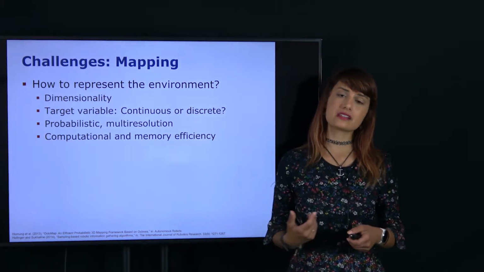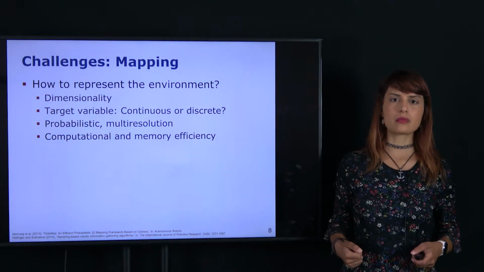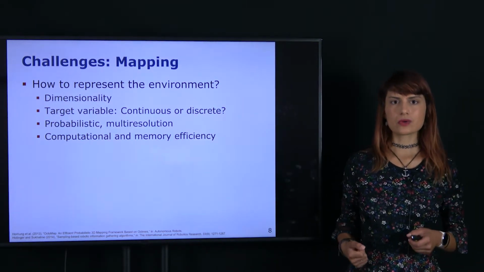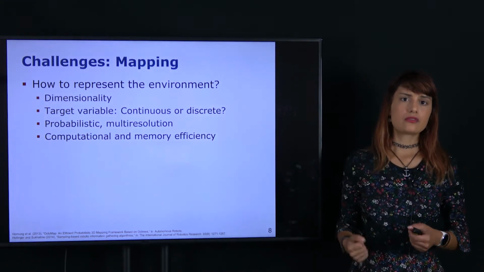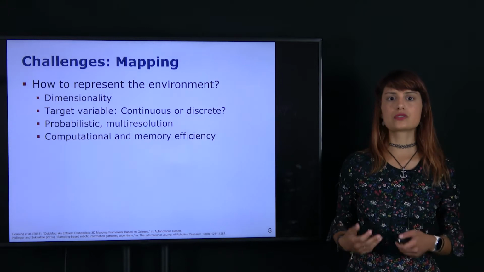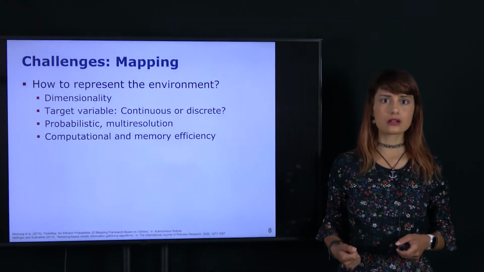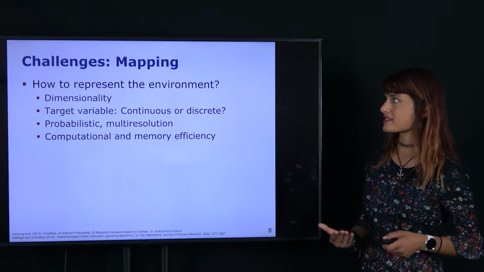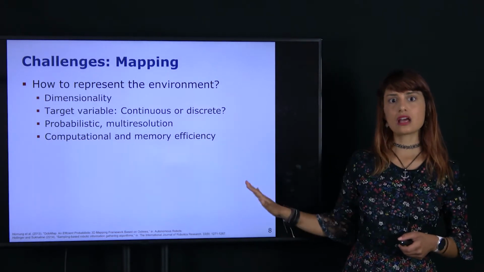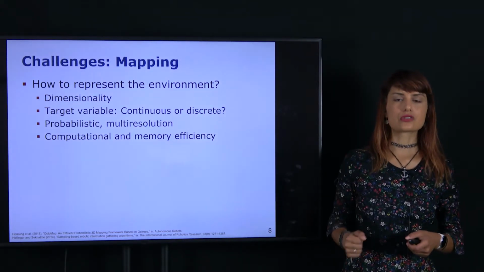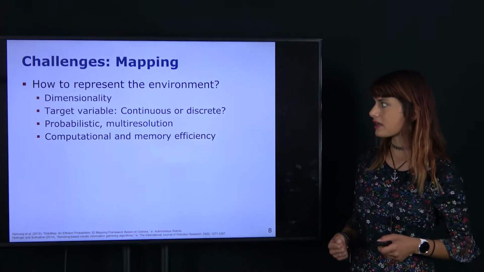and how much computation and memory space it actually needs in terms of integrating new measurements into the map and querying the map as well. And as we will see when we talk more about planning, if we want to plan in an online way during the mission, especially with limited computational resources on physical platforms, then it is essential to have a map representation that is computationally and memory efficient enough to allow us this type of behavior in online planning.